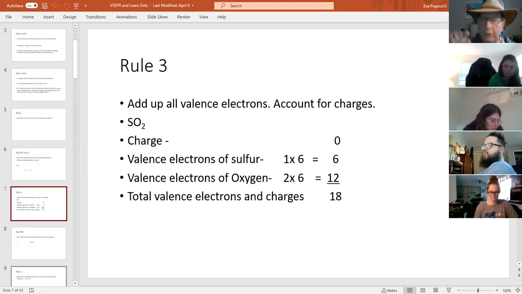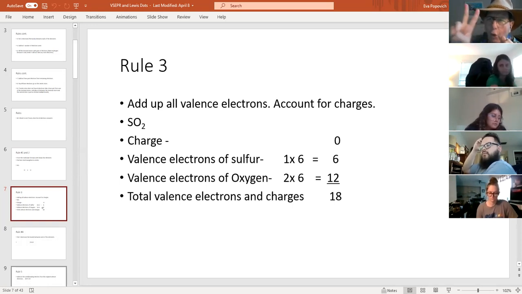Boron down 3, carbon down 4, nitrogen down 5, oxygen down 6, fluorine down 7, and everything on that far right-hand column, with the exception of helium, has 8. From neon on down has 8. Helium has only 2. So if you don't know that about the valence electrons, you do now.